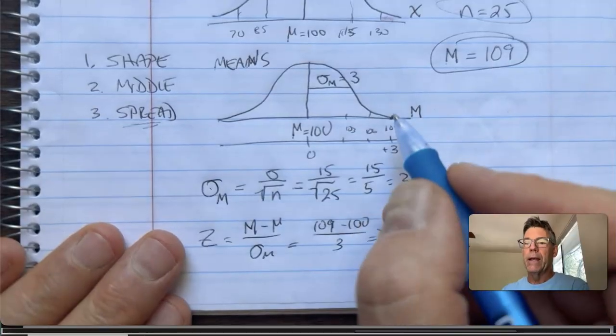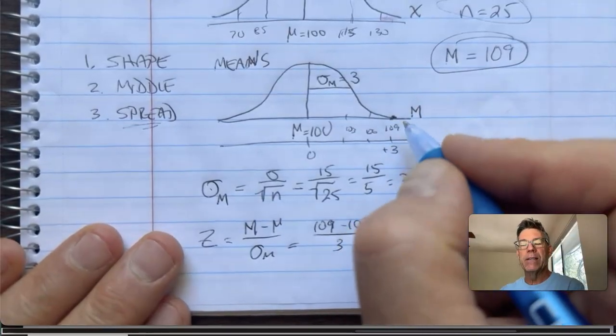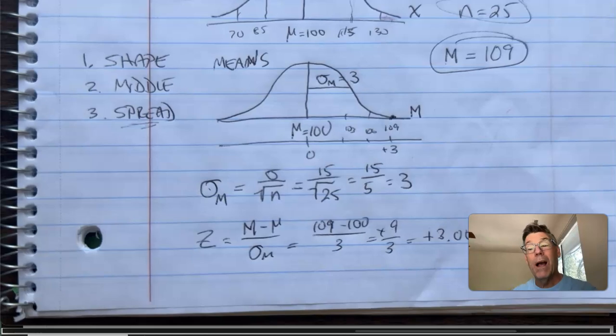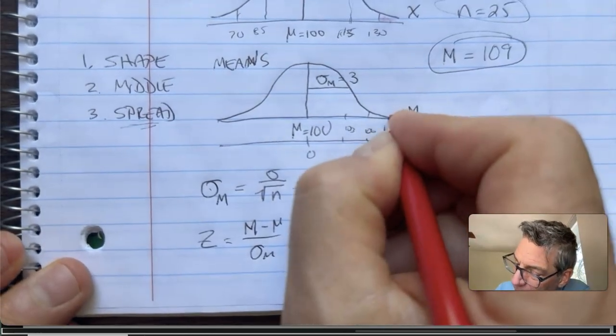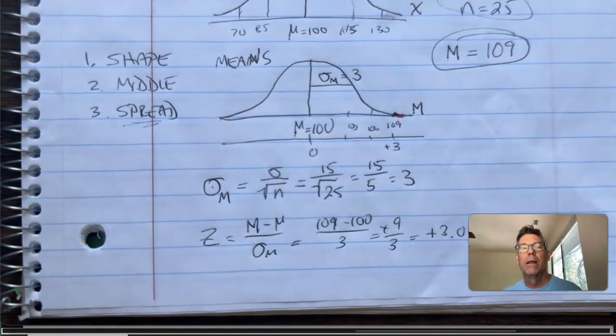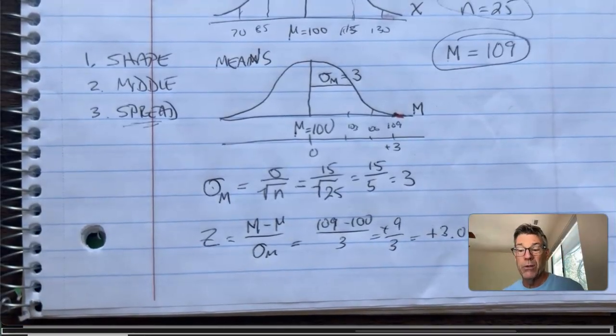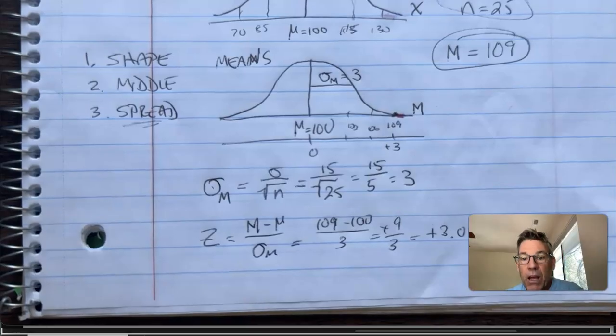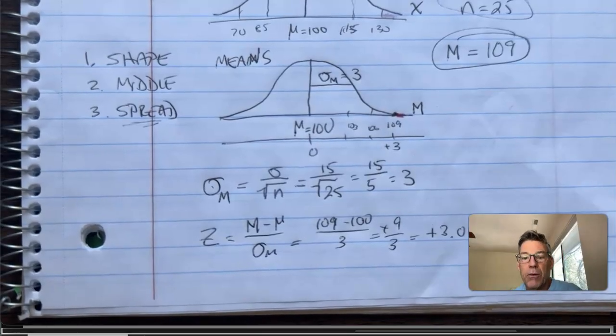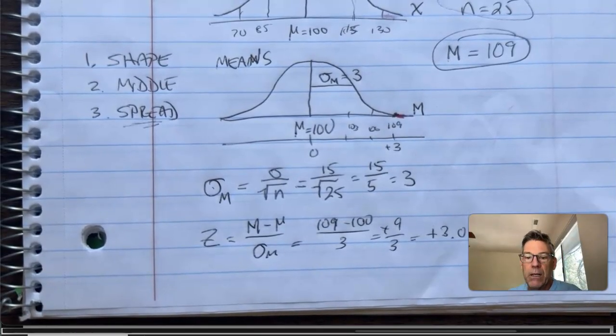And so we can say, what's the probability of getting a Z of 3 or higher? And we can then shade that. And so we'd have this very barely shaded little thing here. And if you look up in your unit normal table, you'll find that the tail for a Z of 3 is very, very low probability.